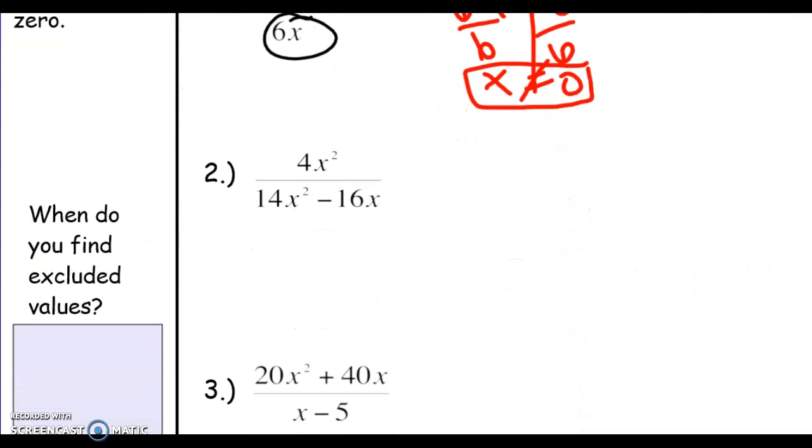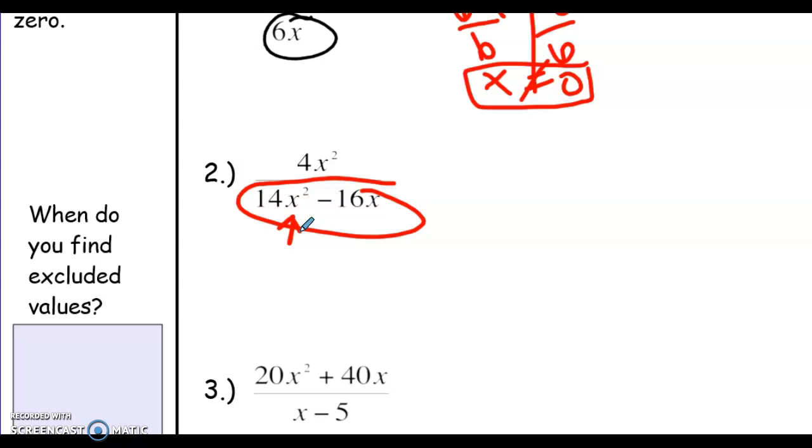How about this one? Oh gosh, this one's a little bit bigger. So let's see. I'm just looking at the bottom. So I'm going to figure out, okay, what makes the bottom equal to 0? Well, do you see right here that there's an x squared? That means there's two things that are going to mess everything up. So what I'm going to do then is factor that apart.